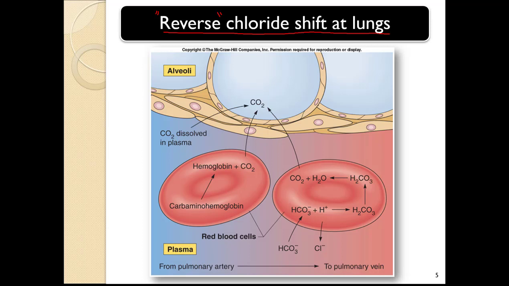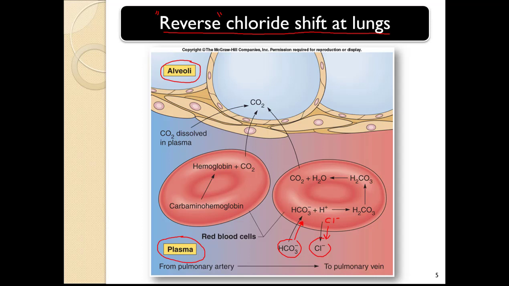Here's what happens, is basically just the reverse of what we did before. So now if you look at this picture, we're now at the lungs. You can see here are the alveoli. Here we have blood plasma down here with red blood cells. And look at what's happening. So here what's happening is the chloride that was inside of the cells is now moving out of the cells and back into the blood plasma in exchange for bicarbonate, which is going to move back into the red blood cells.